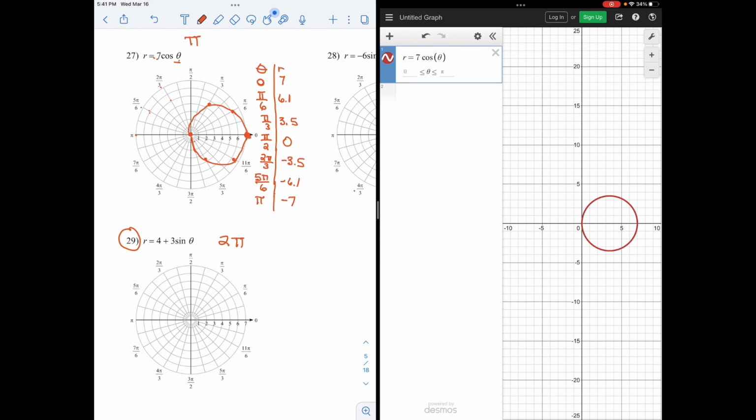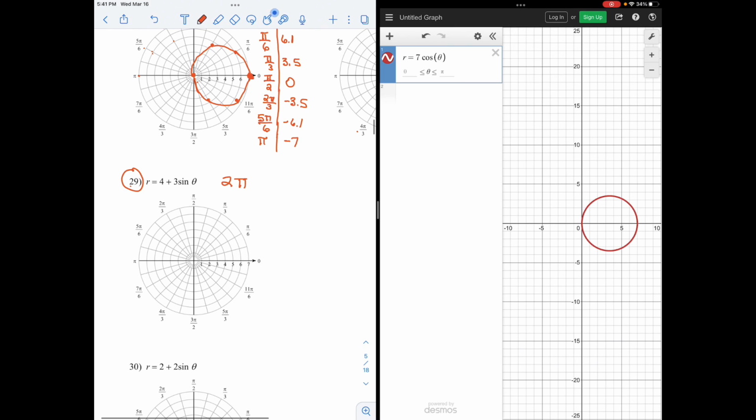So I would like for you to graph 29, starting at 29, and then do every other odd. So that would be 29, 33, 37, 41, and 45. So you have 1, 2, 3, 4, 5 questions for homework.